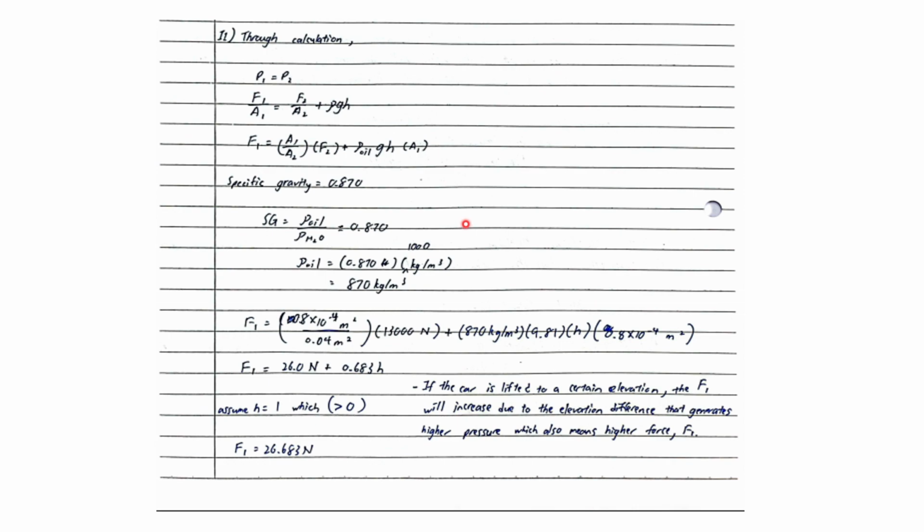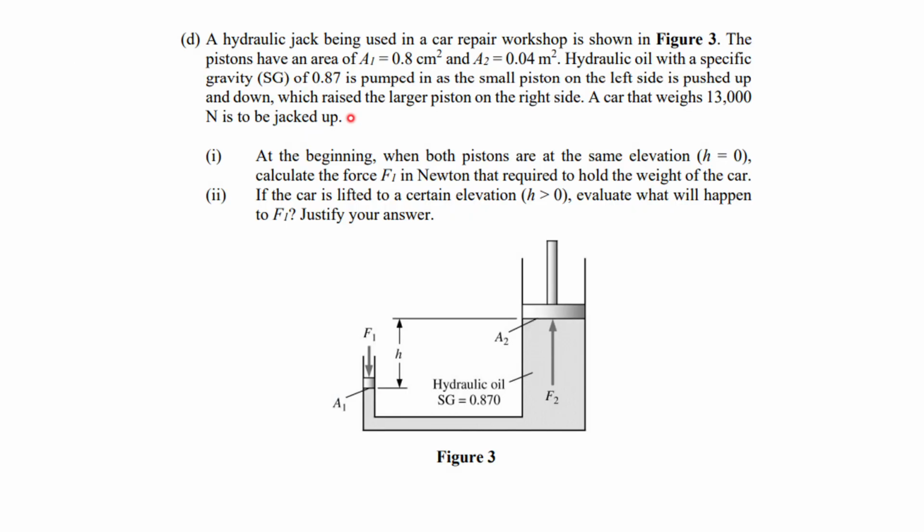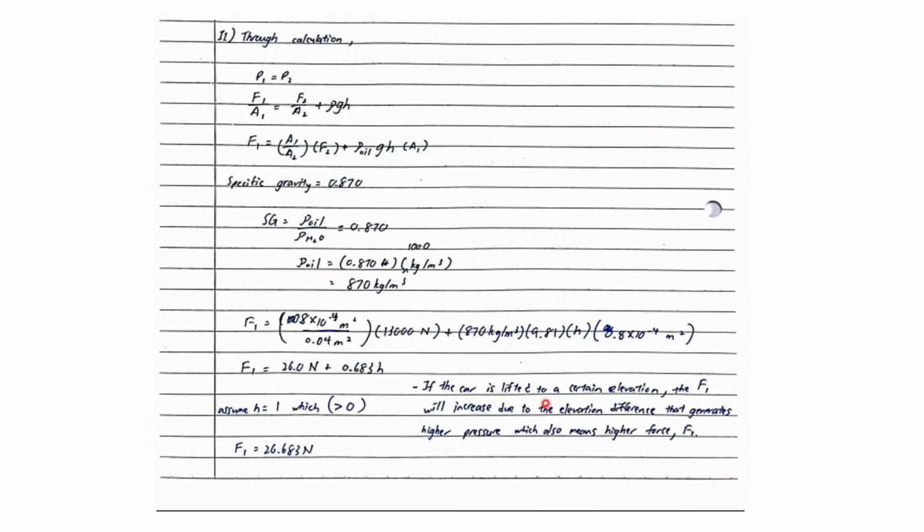And the question given requires us to find the force with an elevation, and we just simply apply the Pascal formula. But here's something different. We have to include the pressure applied by the oil inside the container, which is this hydraulic oil, with the specific gravity given, because we don't know the density of the oil.